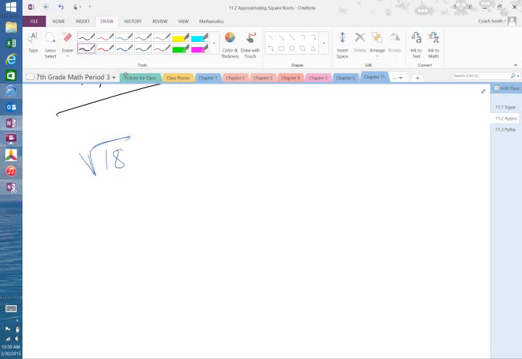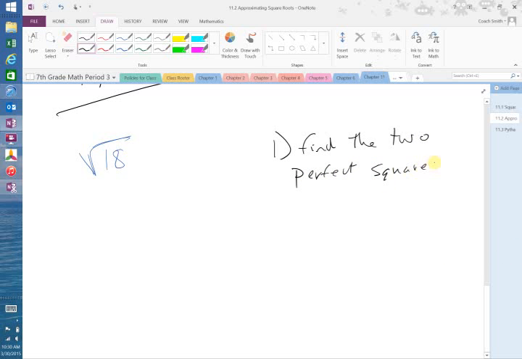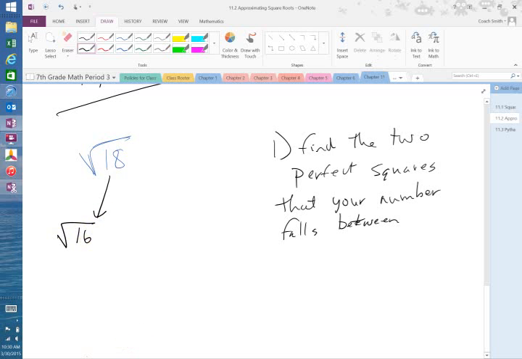The first step is this. Step 1. Find the two perfect squares that your number falls between. So the square root of 18 falls between the square root of 16 and the square root of 25, which is 4 and 5.